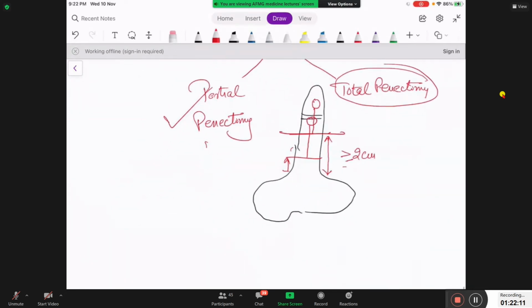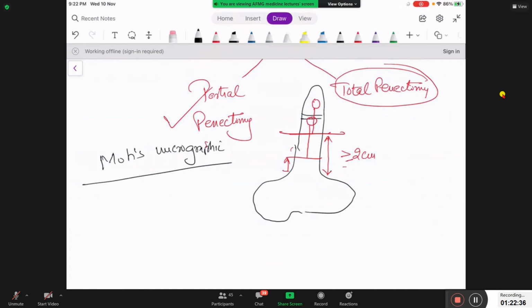And then one more thing we should know here. There is something called Mohs micrographic excision that has come up. You should know what this is because it's the latest thing. Mohs micrographic excision has come up in penile malignancy.